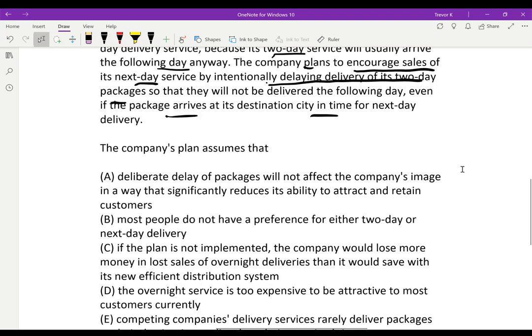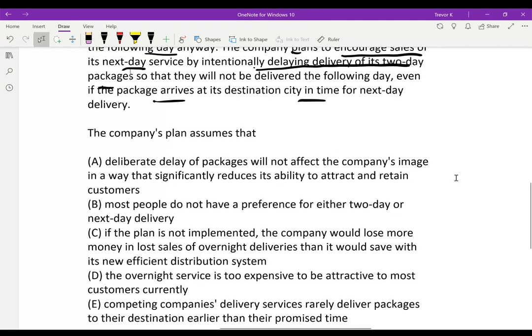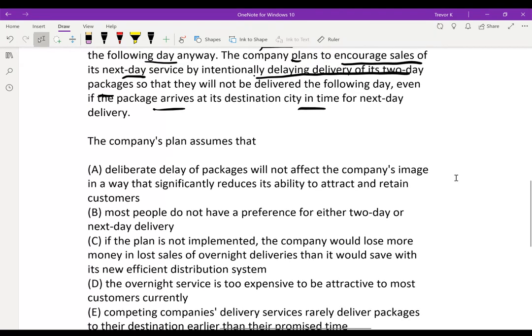All right, so let's look through. We need something that links encouraging sales of the next-day service and intentionally delaying delivery of their two-day packages. Well, it's pretty much that the plan has to work, right? That's our link.